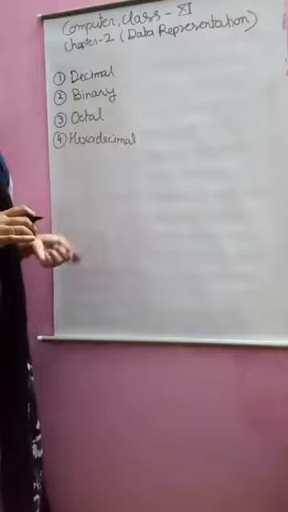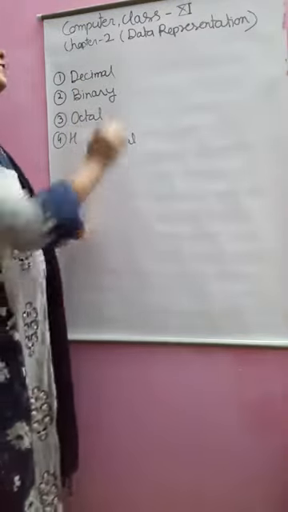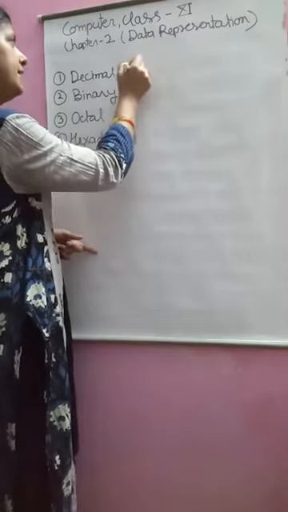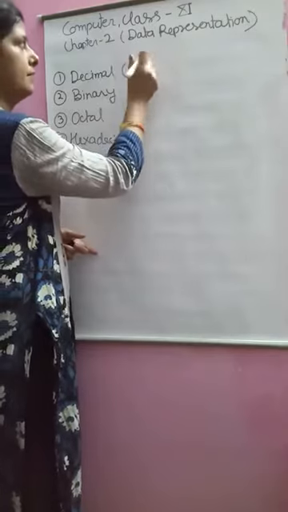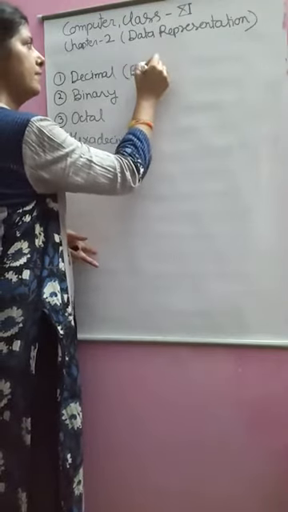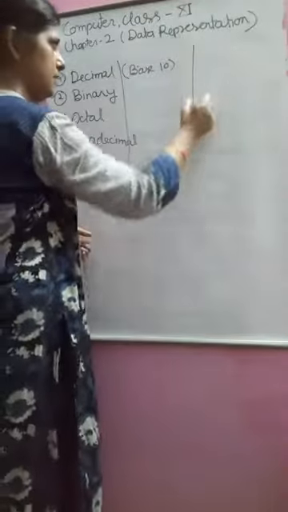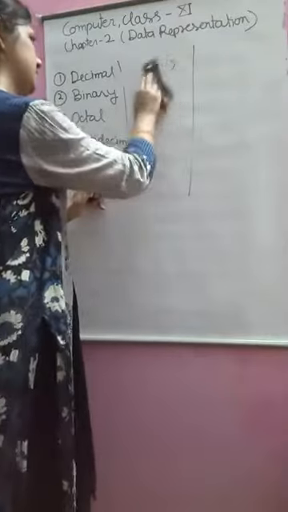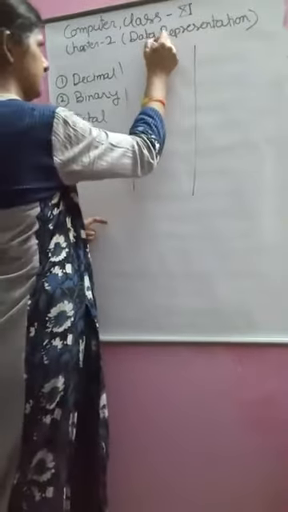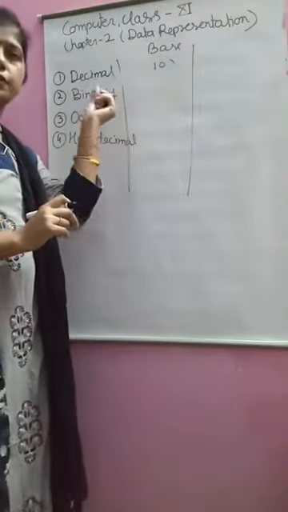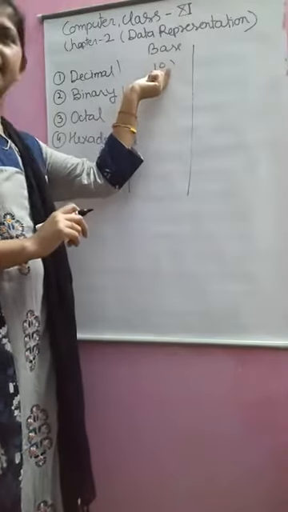The base of the number system: if you are using the decimal number system, the base of the decimal number system is 10. The digits are from 0 to 1 less than the base.